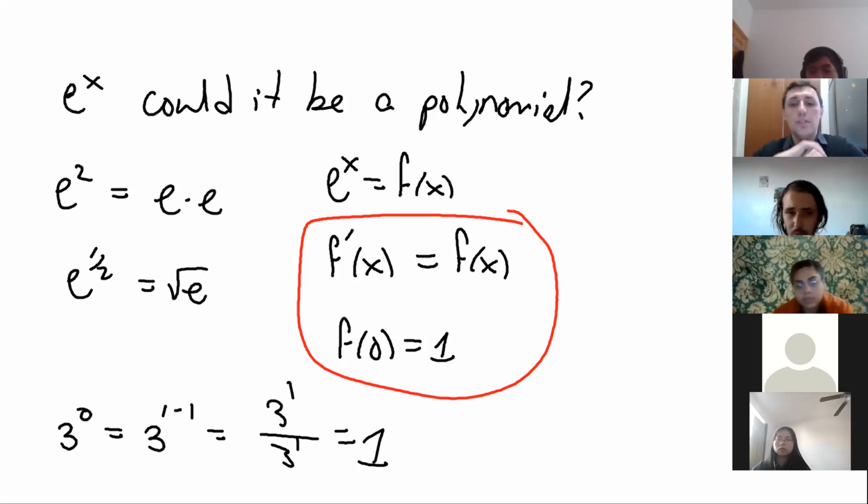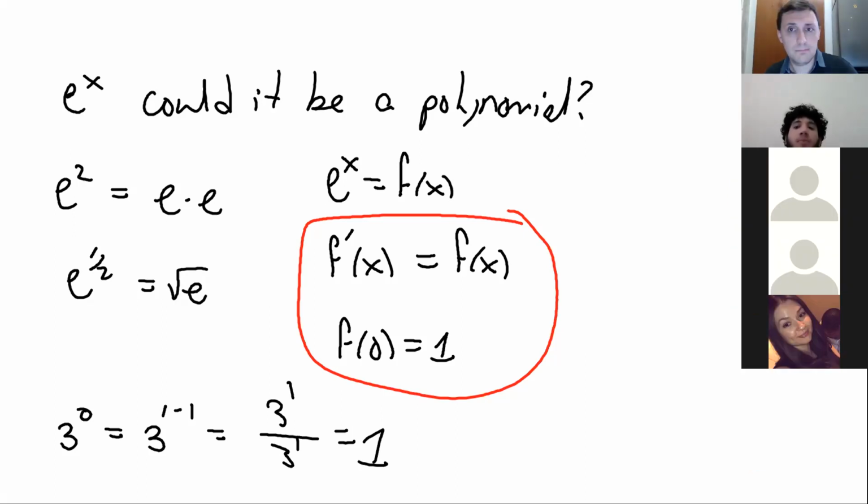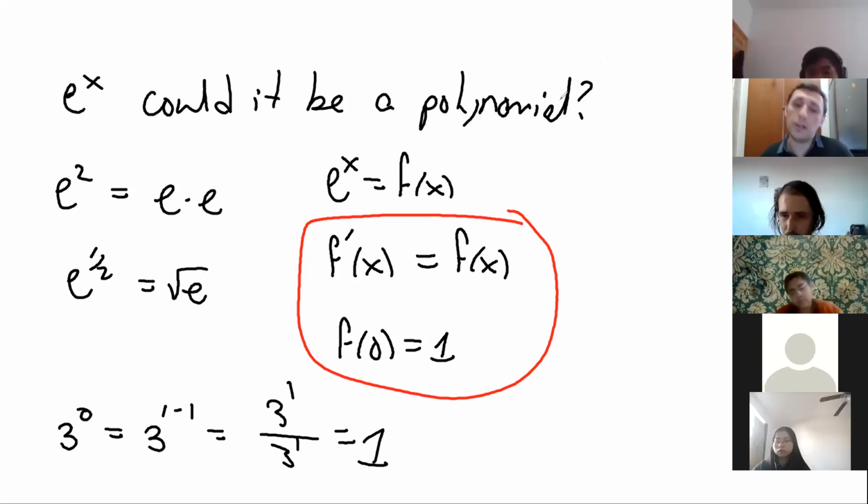If you're saying no, there must be something about polynomials that's very different as opposed to this function. That's a meaningless phrase, no, because it's an exponential function. You don't even know what it does.